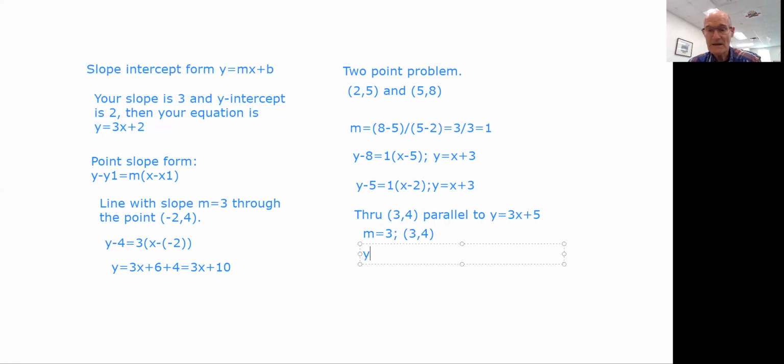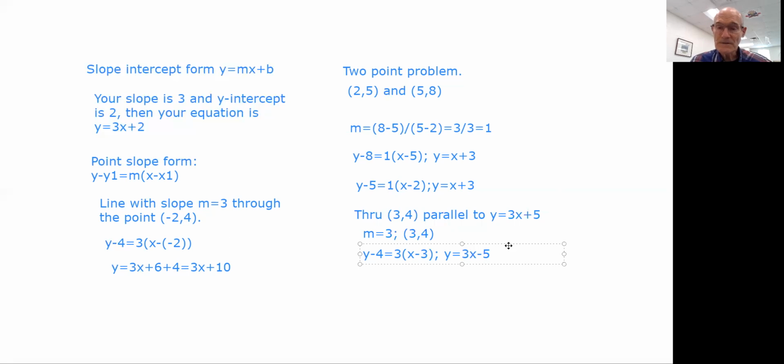So I have y minus 4 equals 3, parentheses, x minus 3. And if I simplify this, I get y equals 3x minus 9 plus 4, which is 3x minus 5.